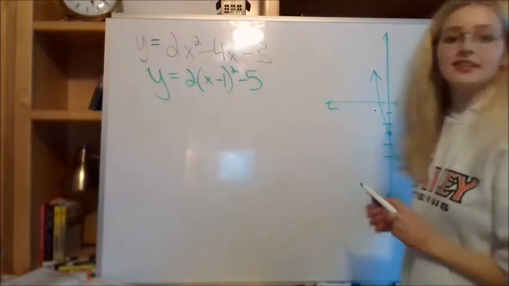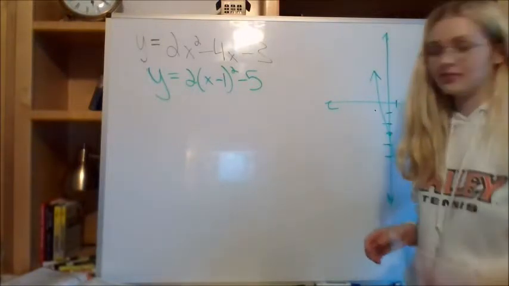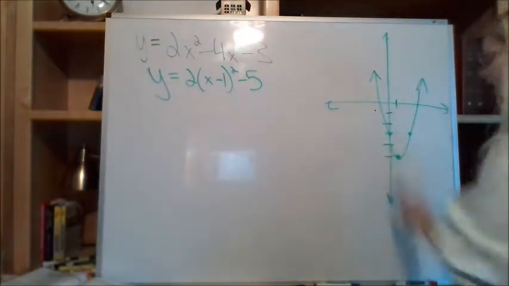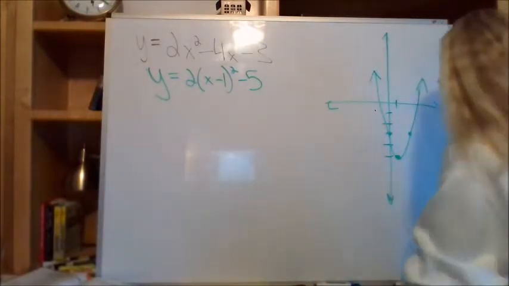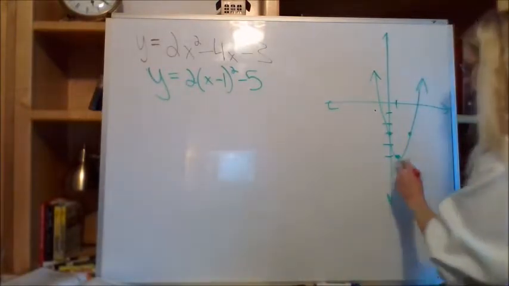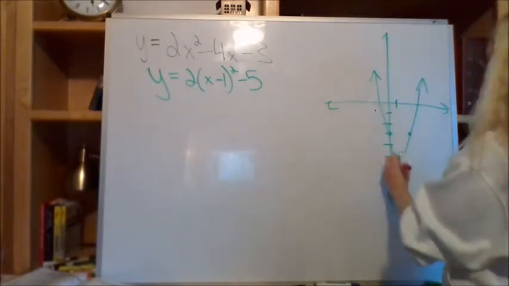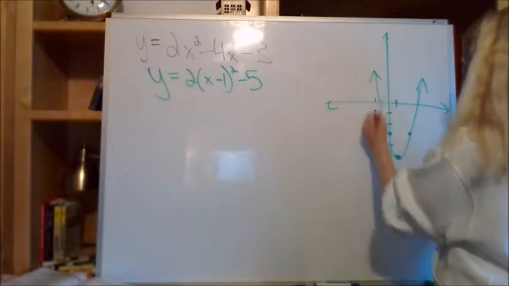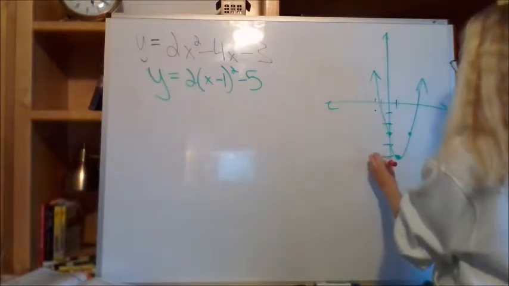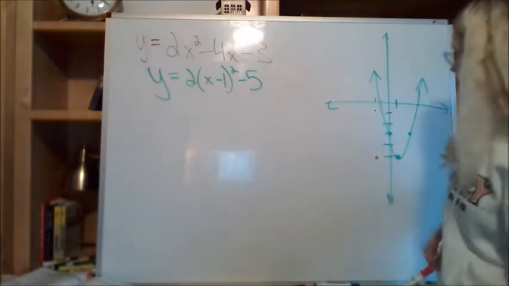And so now I want to think about what if we want to shift this parabola instead of up and down? What happens if we want to shift it left and right? So what happens if we want to shift this parabola 3 to the left? So if this is 1, negative 5, we want it at negative 2, negative 5. So what happens if we want that?